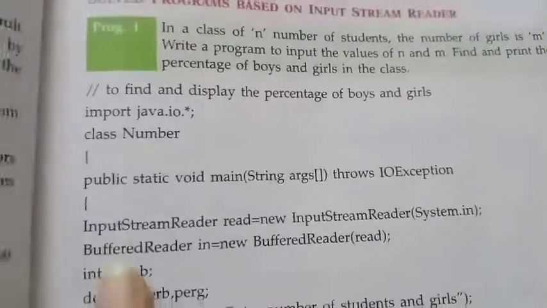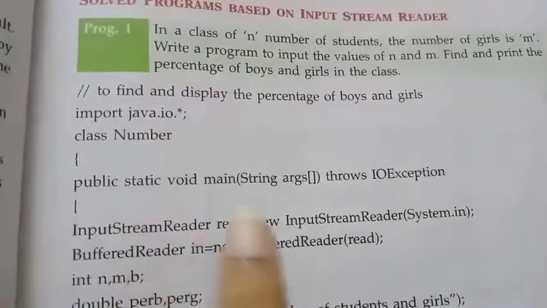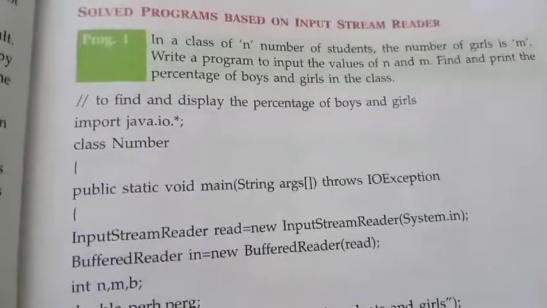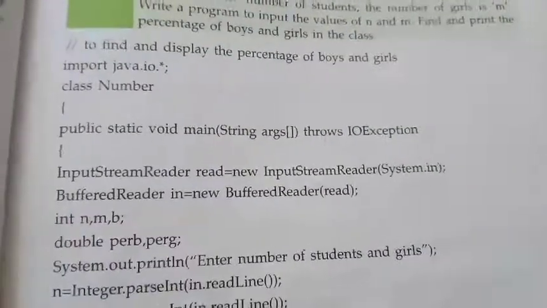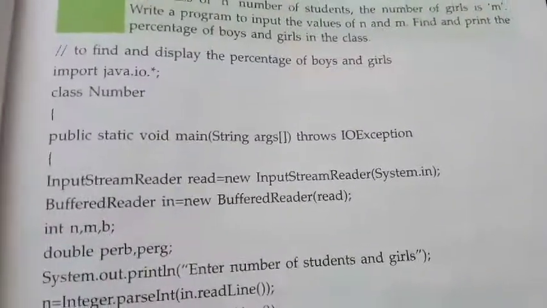So the data taken one by one is gathered and saved in the BufferedReader, so that it is easier for you to read more data from the BufferedReader.